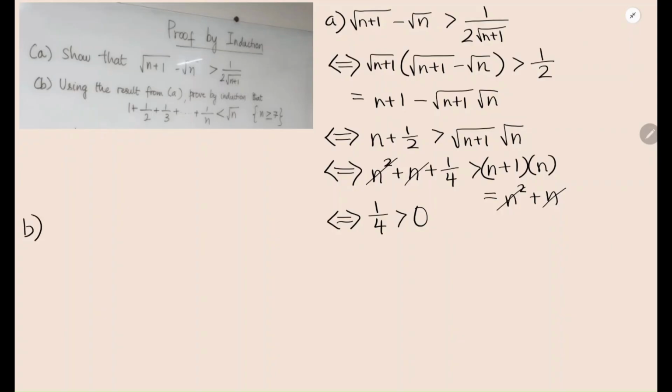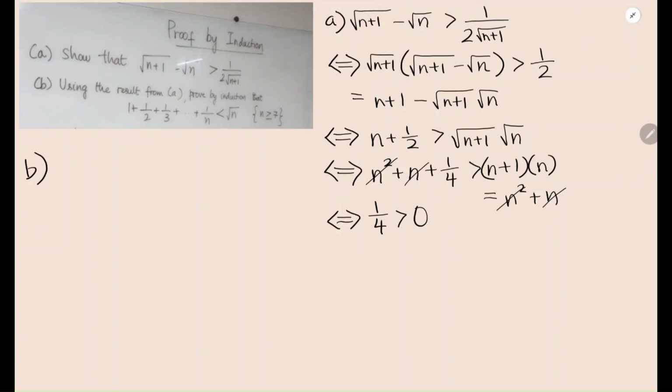And now part B says we want to prove using induction, using the result from part A, that 1 plus 1/2 plus 1/3 plus ... plus 1 over n is less than the square root of n for every n greater than or equal to 7. Now I'm going to rewrite 1 plus ... plus 1 over n using sigma notation.